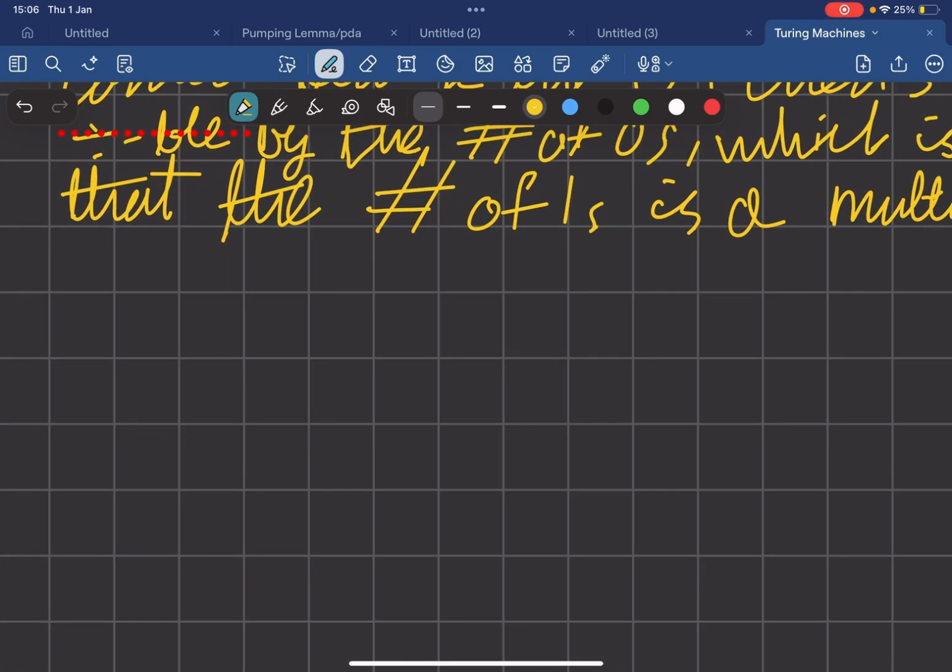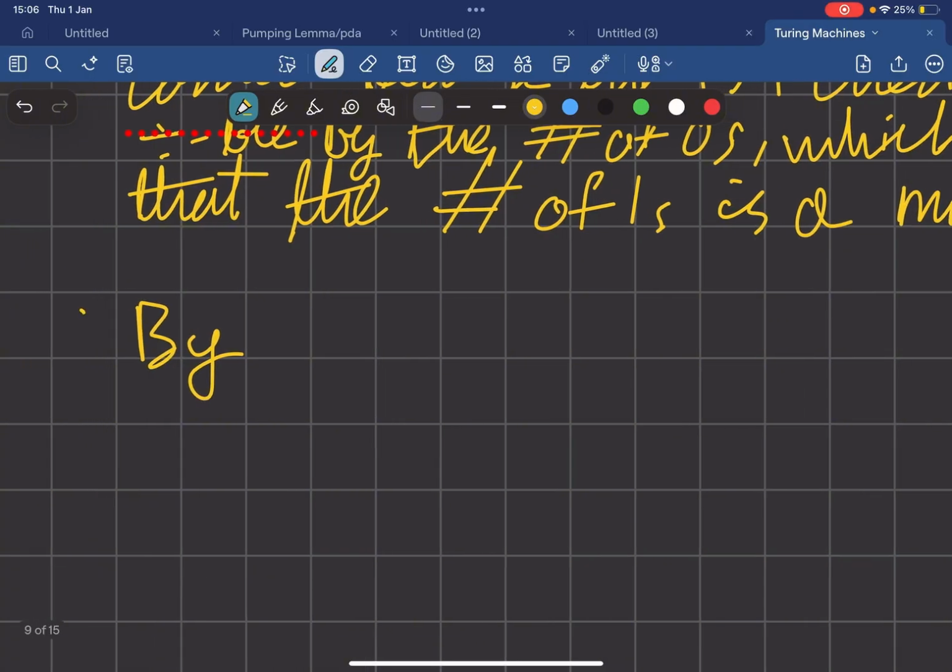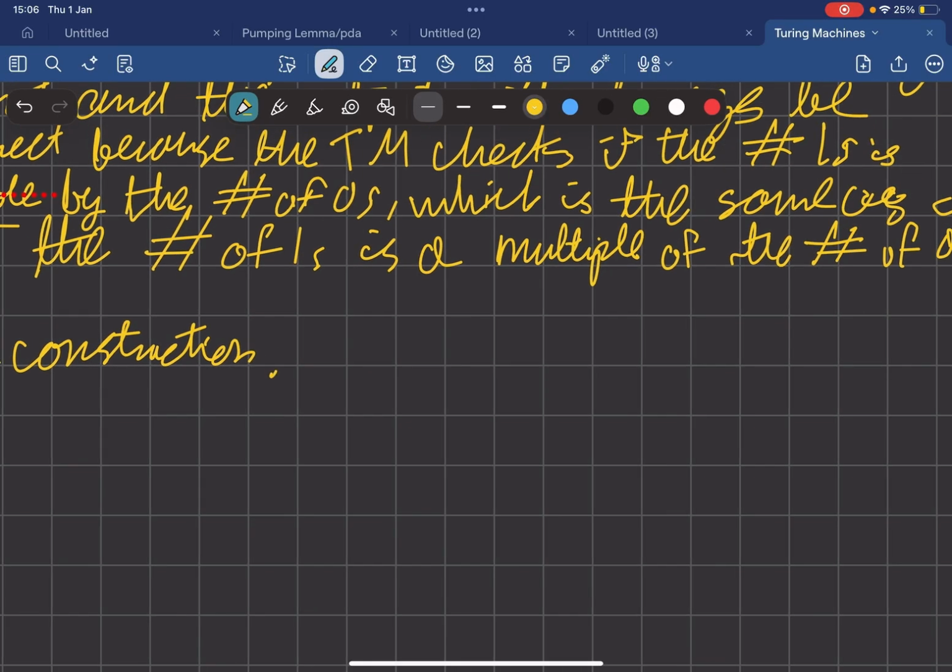So therefore, by construction, we have created a Turing machine that decides a language.